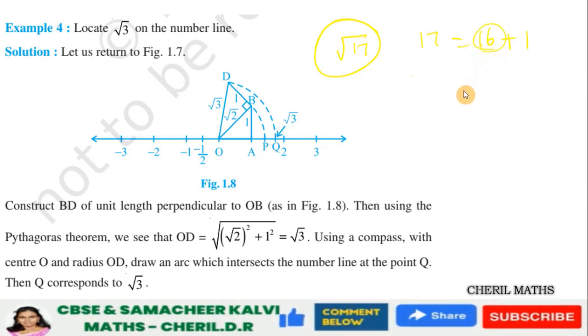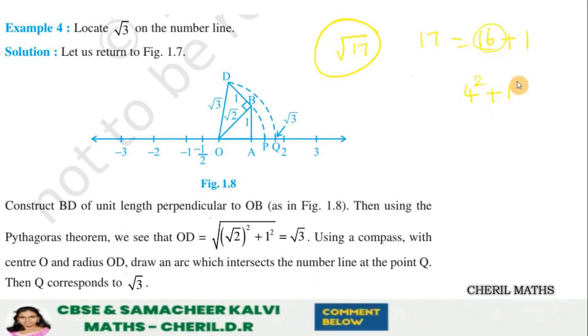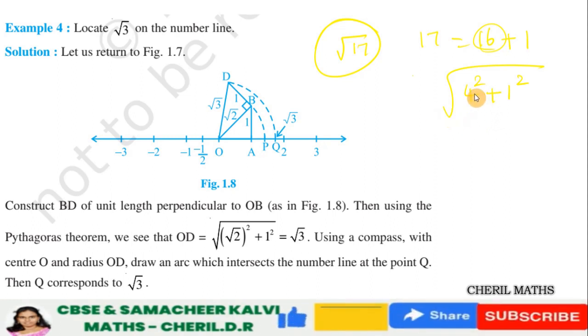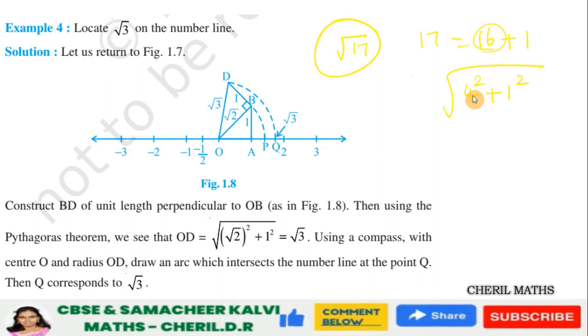So what will 16 be? 4 square plus 1 square. Got it? Yes. So then you can do it for 4 and then 1. So like this, for any number you can draw it on the number line. You can try like this for any number and then draw it on the number line.